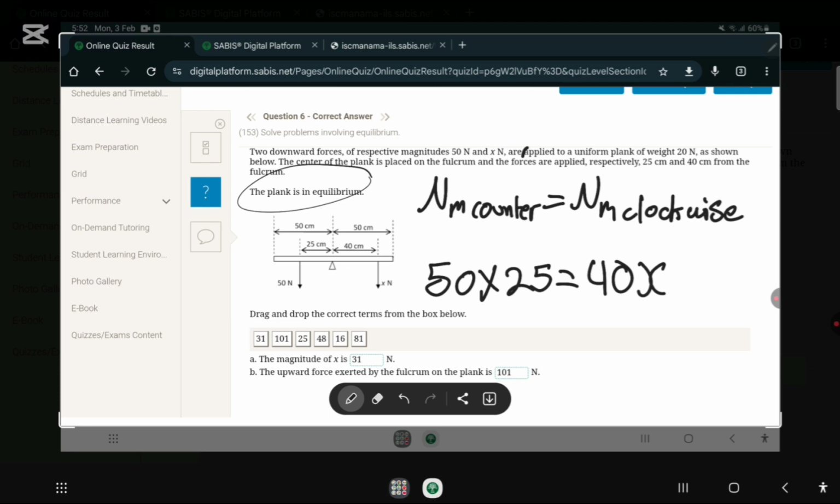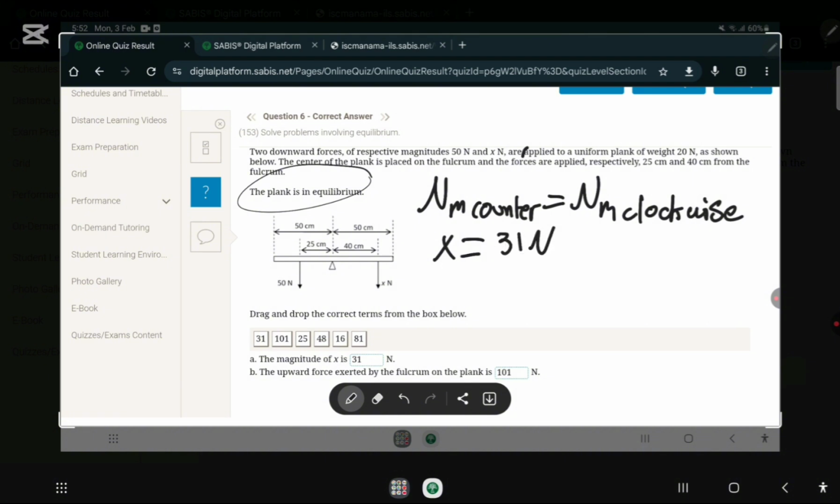Even though you round, it's going to be 31.3 and 31. You keep it 31 because they want rounded answers. So x equals 31 newtons.